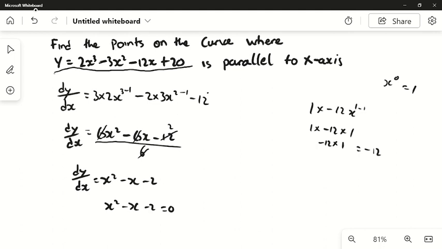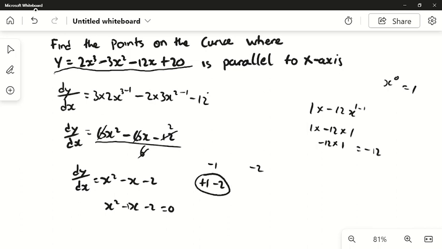Factorizing this, what can we add to give us minus 1, knowing that the coefficient of x is 1, and when we multiply the numbers, it will give us minus 2? So I can say plus 1 and minus 2. Plus 1 minus 2 gives me minus 1, and plus 1 times minus 2 gives me minus 2, because plus times minus is minus. So these will be my factors.